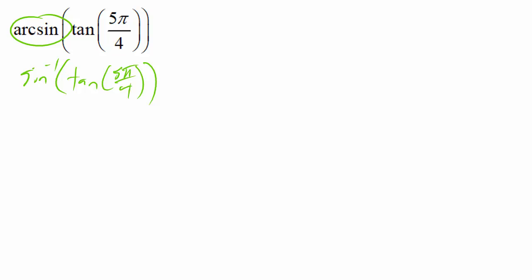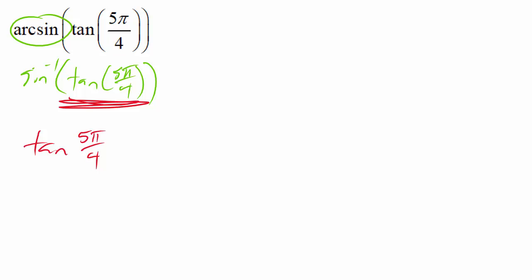Regardless of which way you've chosen to represent the initial statement of the problem, we are still going to follow order of operations and do what's inside the parentheses first, which means the tangent of 5 pi over 4. All right, so don't forget about that sine inverse out front, but we will put it on the back burner for the time being.